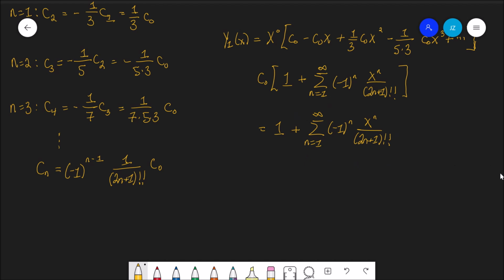So we look at the absolute value, negative 1 to the n plus 1, x to the n plus 1, over 2n plus 3 double factorial, times 2n plus 1 double factorial, all over negative 1 to the n times x to the n.